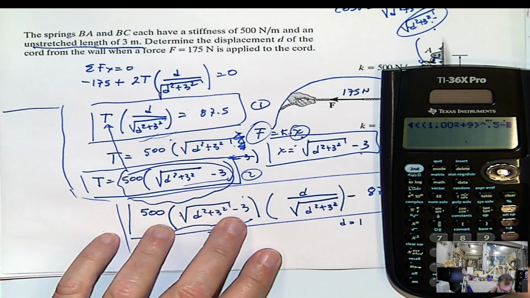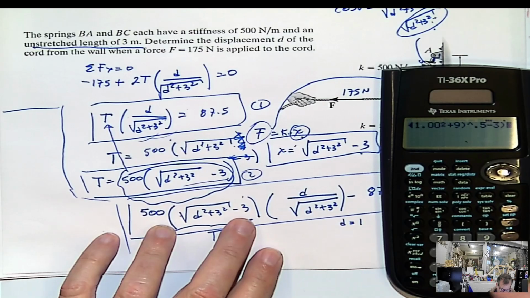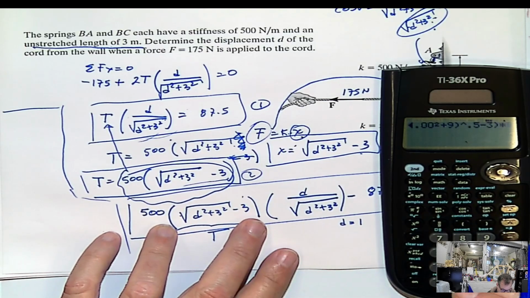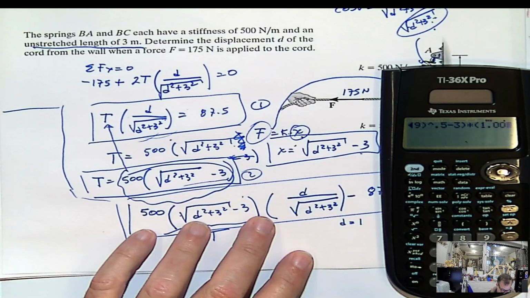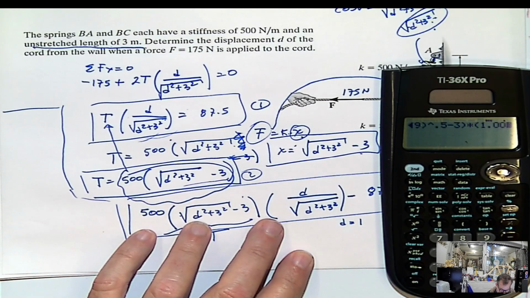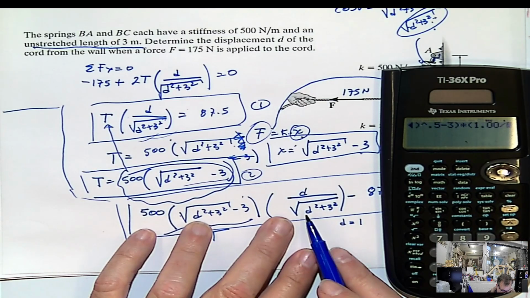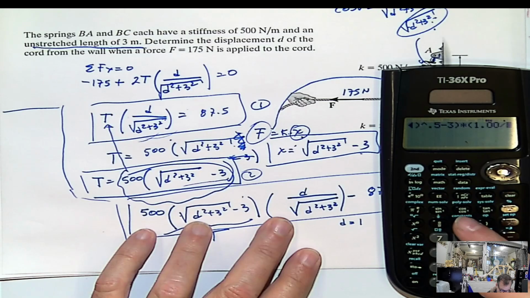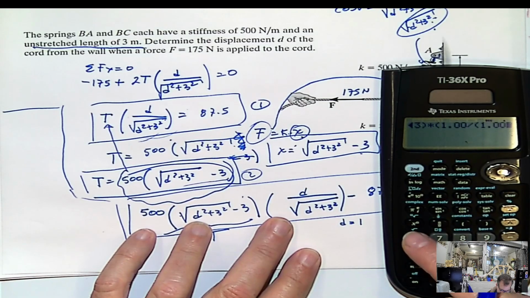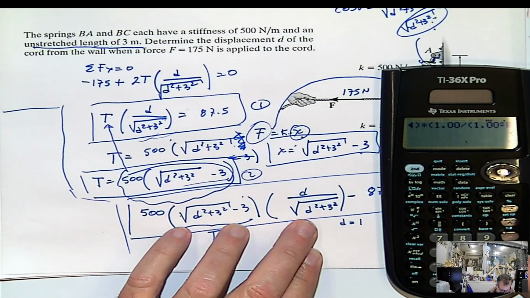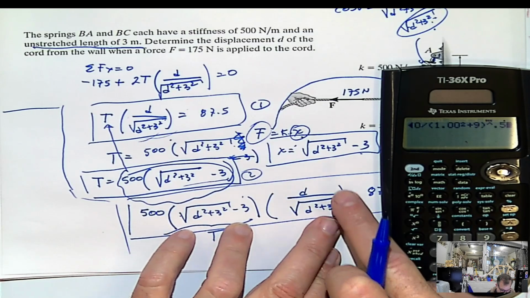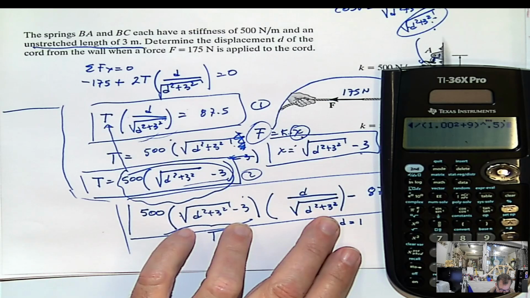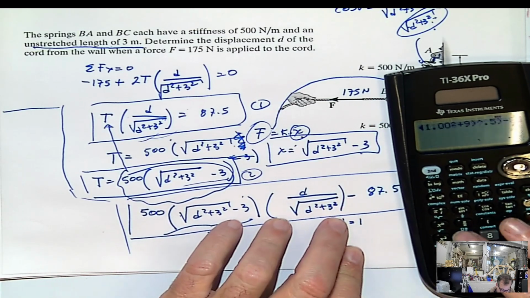minus 3, close parenthesis, times, open a new parenthesis, d, 1.00 for the first trial, d divided by parenthesis for the square root, 1.00 squared plus 3 squared is 9, close the parenthesis to the square root, elevated to the 0.5, I already have the square root, close the other parenthesis, minus 87.5.